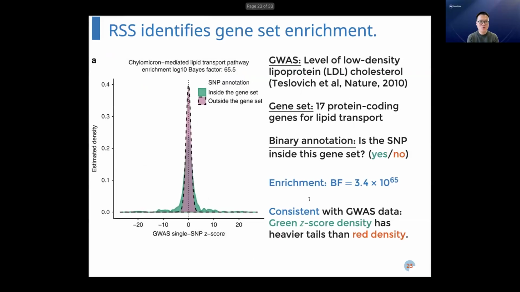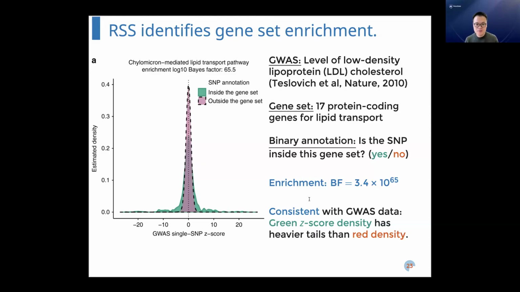And here's an example of applying this to a real GWAS of the low density lipoprotein, or LDL cholesterol level, published in 2010. The input gene set that I utilize here to create a binary annotation comes from 17 protein coding genes that have important functions in lipid transport. And then my annotation is binary.